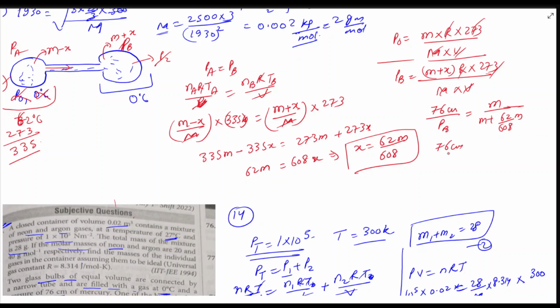So 76 centimeter into, PB will be 670 upon 608, right? So we will have simply PB as 670 into 76 divided by 608. I'll use the calculator really fast. So we'll get 83.75 centimeter of Hg.